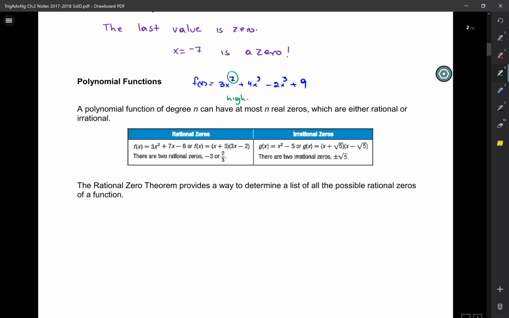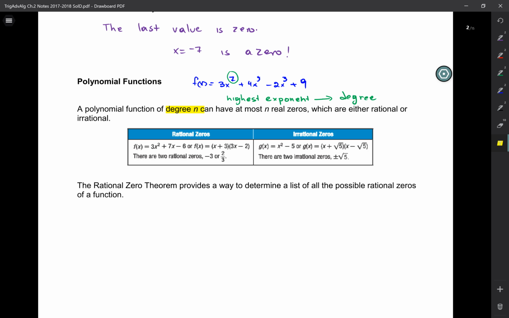Highest exponent is the degree. Now, in math, we usually use the symbol n for degree. So if I say a polynomial function of degree n, it means whatever n is, that's the highest exponent.